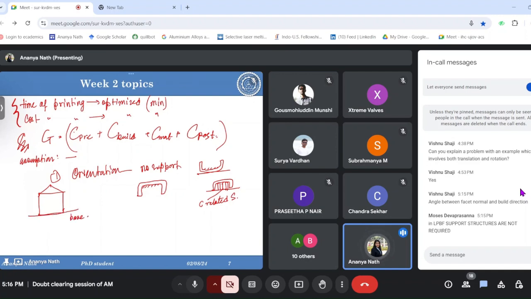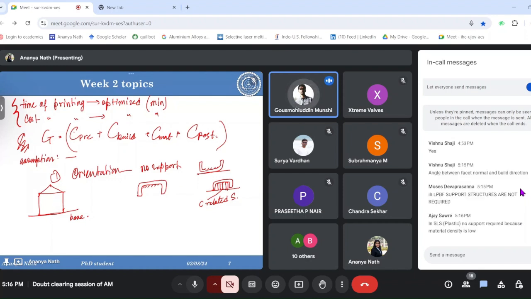How will this part collapse? Well, this part doesn't need any support structure. Parts where there are overhanging features, there we need support. Yes, so a part which has an overhanging portion like this needs support structure, right? Yes, it is also correct. So this is one need of support structure.